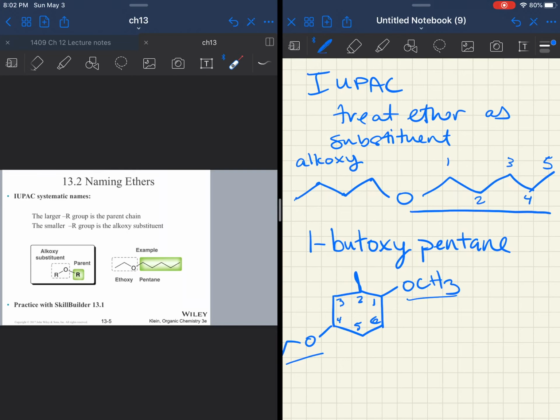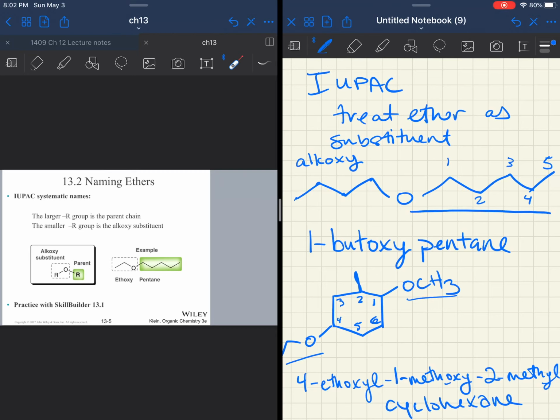Then we write things down alphabetically. So we have 4-ethoxy, then methoxy is going to come before methyl, just alphabetically: 1-methoxy, 2-methyl, because O would come before Y, and then cyclohexane.